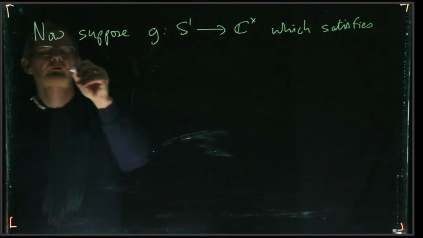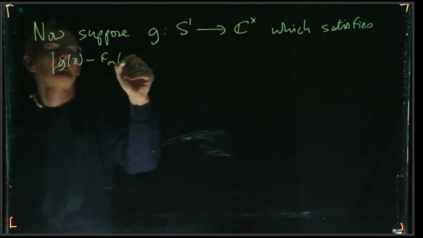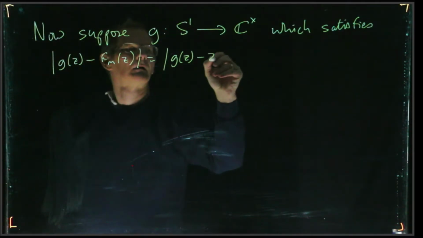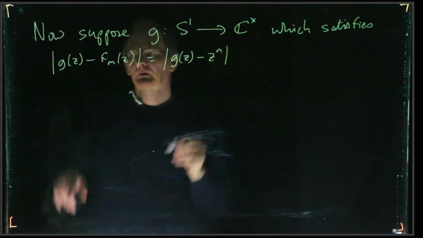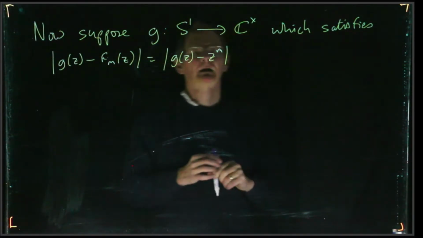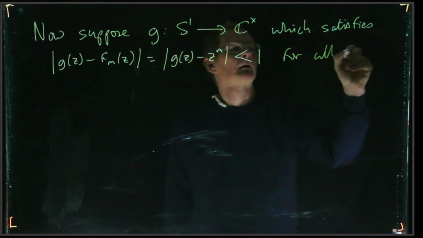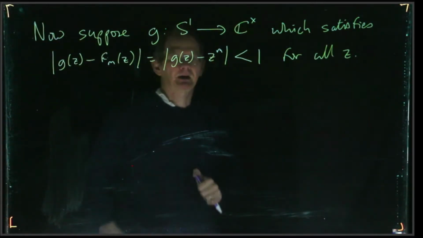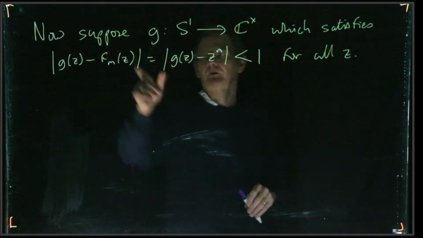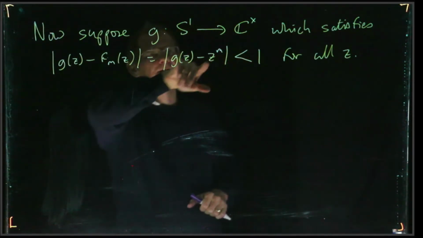So I'm going to suppose that the distance between G of z and Fm of z, remember that was just z to the m, is less than 1 for all z. Now of course, z was on the unit circle, so z to the m is on the unit circle.